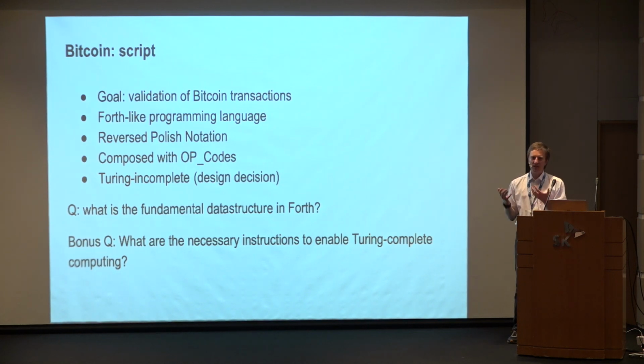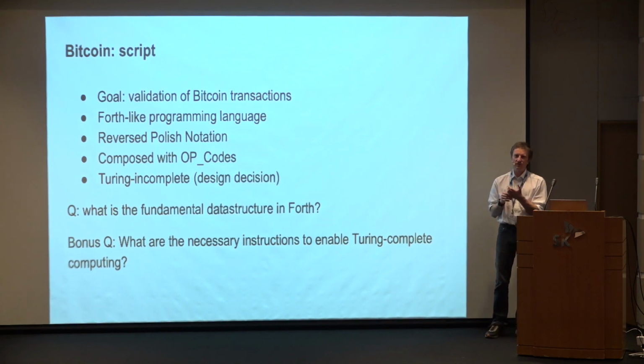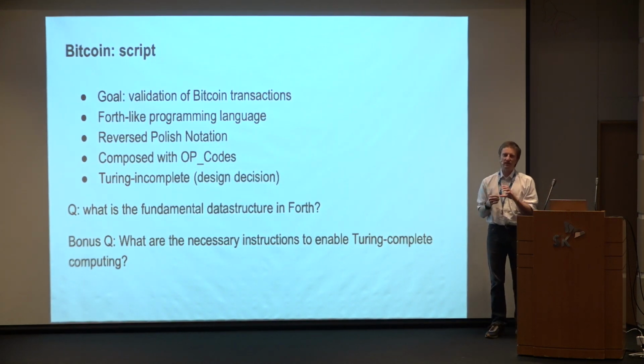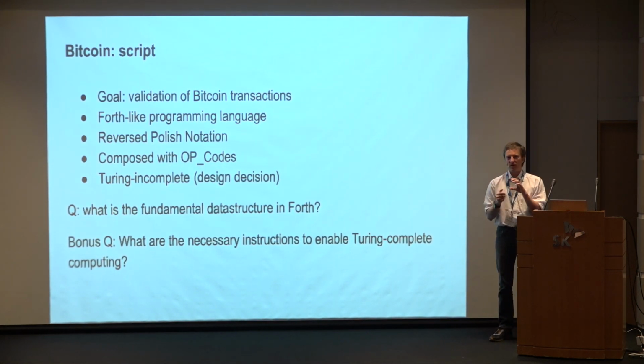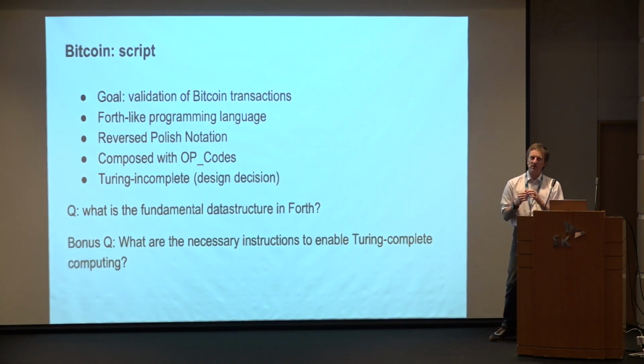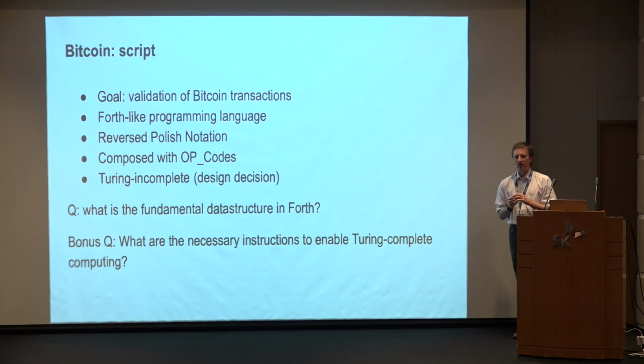It's a very innovative name for that script language. And they used Forth-like instructions with stack-based processing. And by design, they limited the amount of instructions, which made it Turing incomplete. It's a very specialized language to do only cryptographic operations and some control flow, but you cannot have, for example, infinite loops in it.